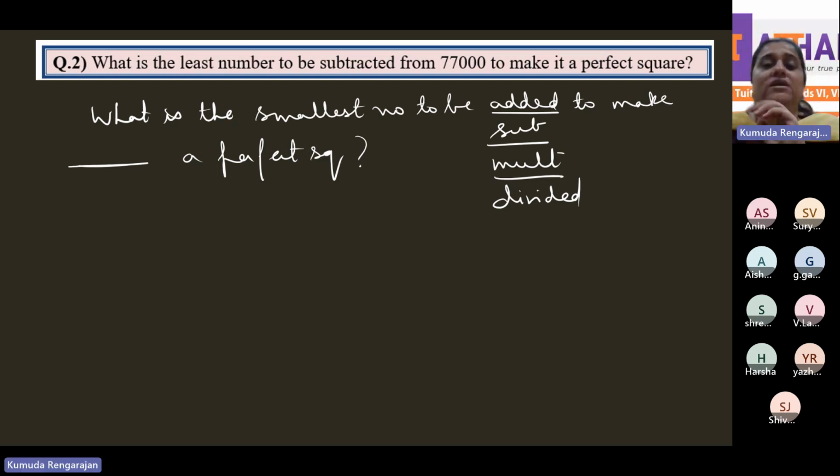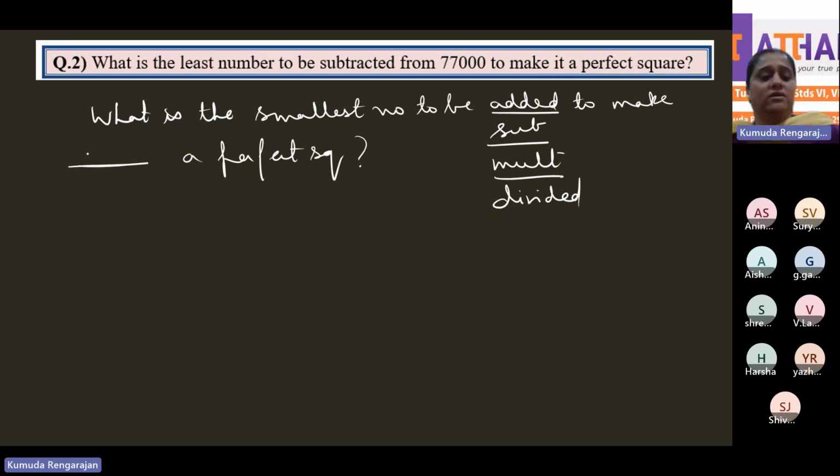This is type 3. Type 4, again, you're given a number which is not a perfect square. You have to find the smallest number by which the given number should be divided so that the quotient is a perfect square. So when you divide, the result is called the quotient, right? So that the quotient is a perfect square.